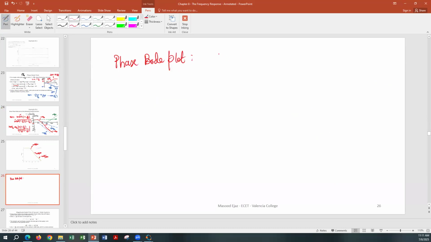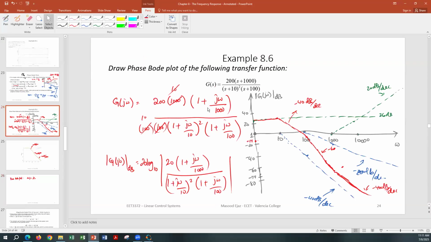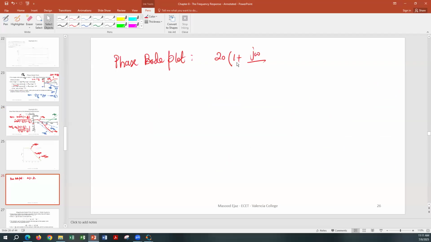So you have 0.2 times (1 plus j omega over 1000), over the factors with 10 and 100, and 1000. So this is our G(j omega).